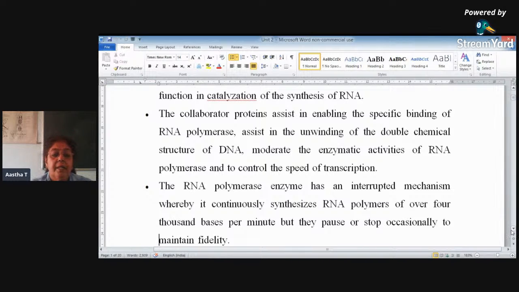But they pause or stop occasionally to maintain the fidelity of transcription. So actually this is a continuous process, but in between there are stops or pauses. So after almost 4,000 bases per minute are synthesized, the reaction can pause. So that is actually the interesting feature of the process of transcription.